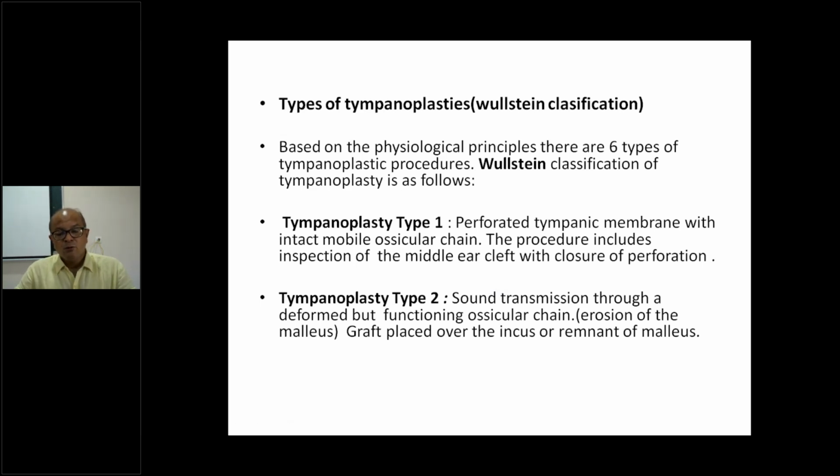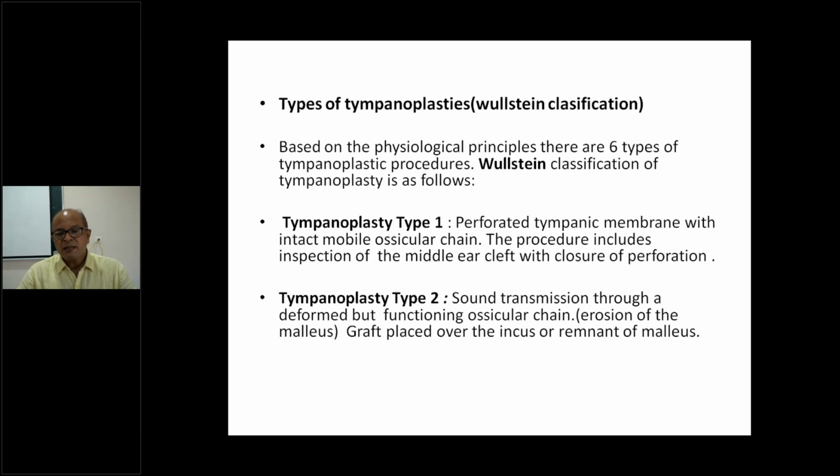So type 2 tympanoplasty, here there is some amount of erosion of the handle of malleus.